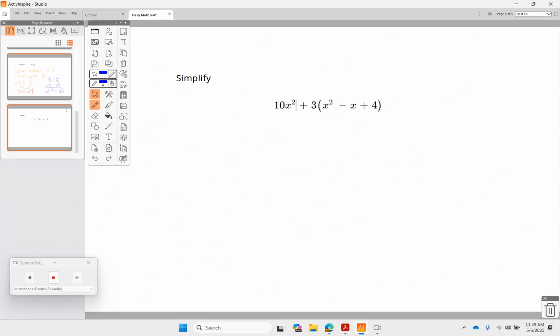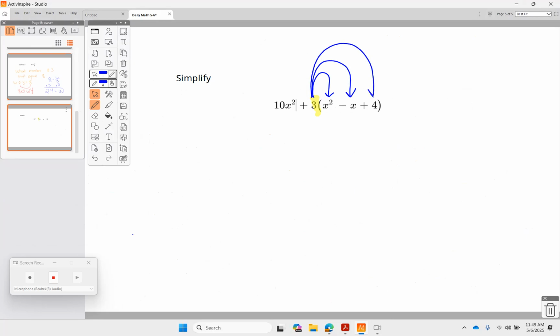And the last one. I don't know why that little line is there. So the last one, we've said repeatedly, when you have a number next to parentheses, that means multiply. It means you're going to multiply the number outside of the parentheses by each number, or by each term inside the parentheses.